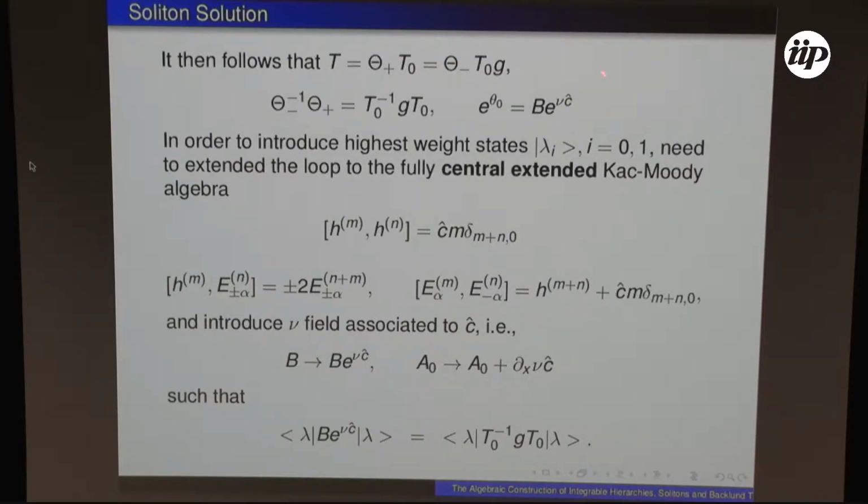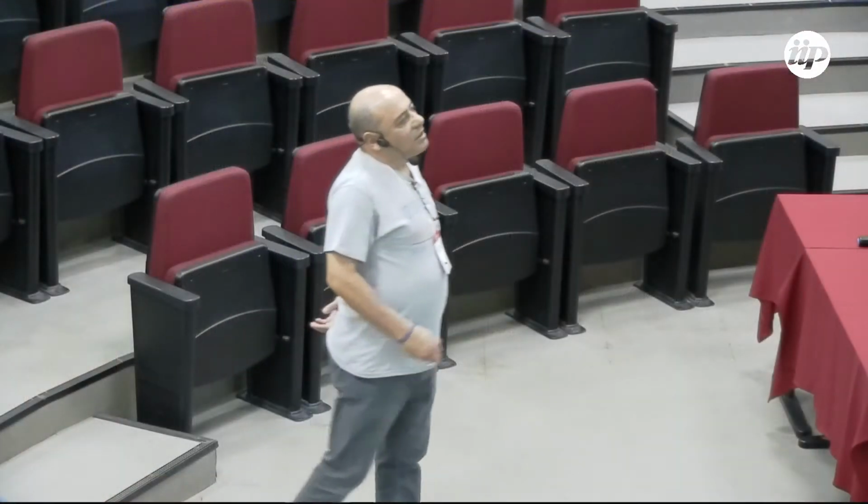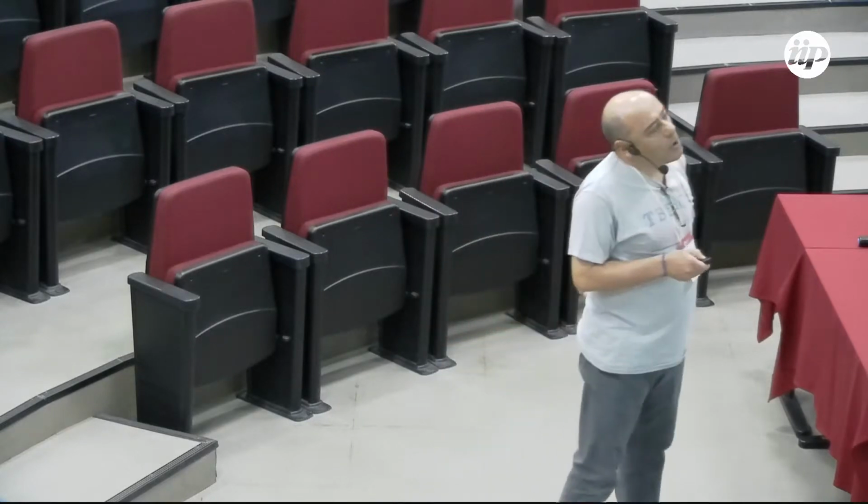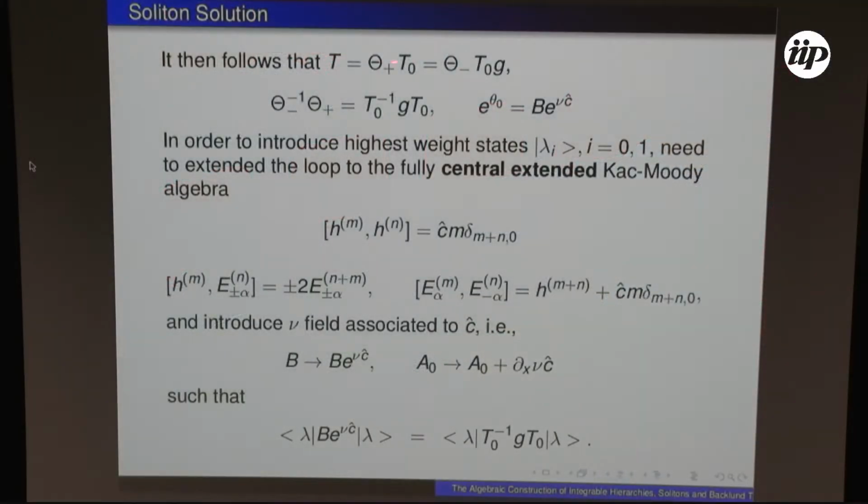And they may differ by a constant, G. This constant will be very important. So you have your group element in terms of these two gauge transformations. If you manipulate, multiply by theta minus inverse, etc., you end up with this equation here: theta minus inverse times theta plus is T0 inverse G T0.